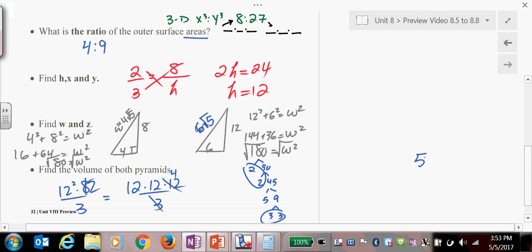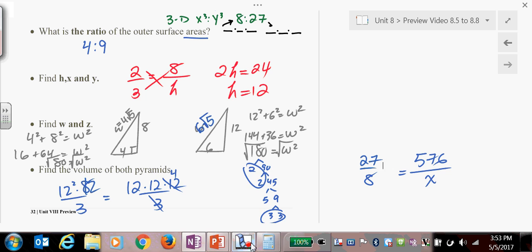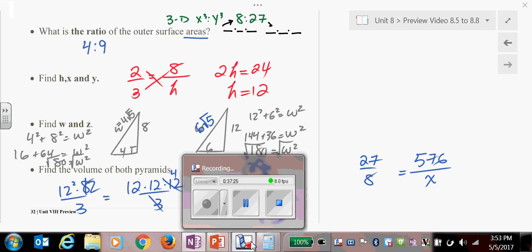So the volume of the larger is 576. To get the volume of the smaller, we simply do our volume ratio, which is going to be 27 to 8. Cross multiply and solve. I'll be looking for your final answer on your paper.